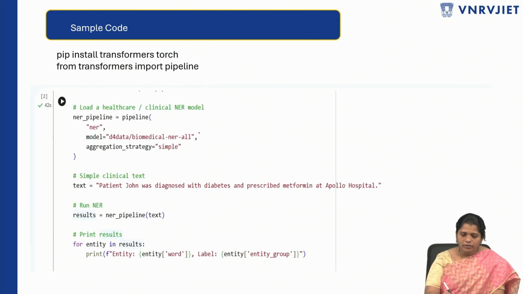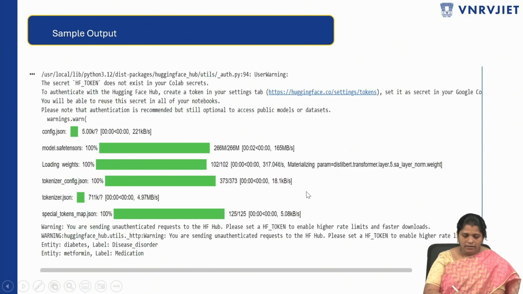For that, we can import a biomedical BERT model directly by installing transformers and importing the pipeline. If we give a sample text like this, we can see the entities displayed like this.